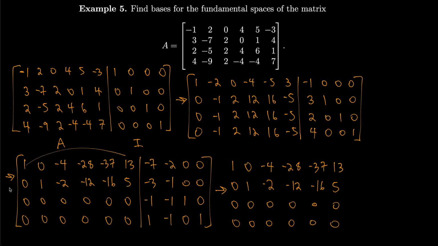Notice that this was already in reduced echelon form, but this part makes it so that we still have a little bit more work to do, because now we have to get a leading 1 over there. So we also have to get zeros above it.